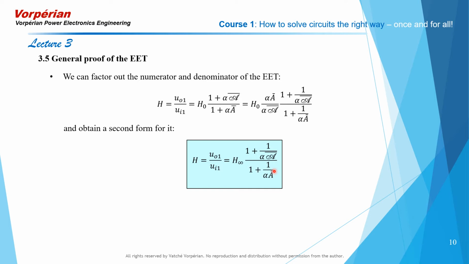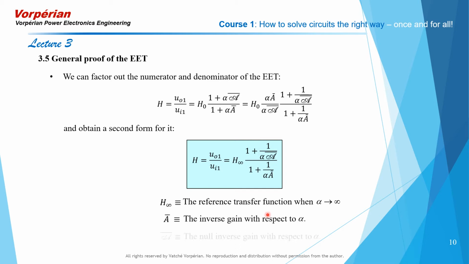It's just that when you let the value equal 0, you use the previous form of the extra element theorem, and if you take its value to infinity, you use this form. It gives you two choices, which is very good. So now we call H infinity the reference transfer function when alpha equals infinity. Before, H0 was the reference transfer function when alpha was equal to 0. The remaining are identically the same as before.